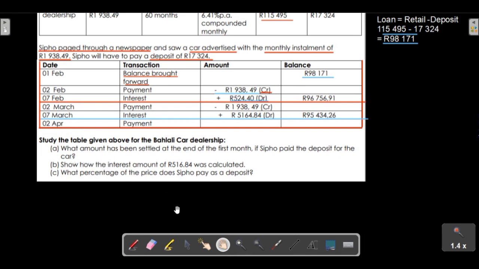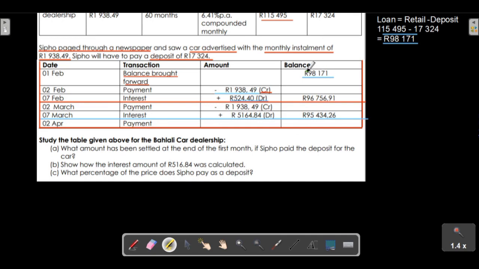Now, guys, they are asking us what amount has been settled at the end of the first month. The first month, we've already mentioned that it ends here, right? There's no other February that we see. So that means this is the end of the first month. We are basically calculating how much he has paid at the end of the first month.